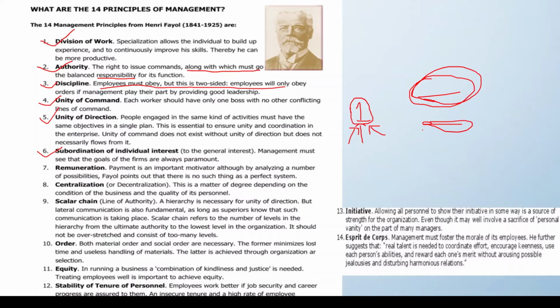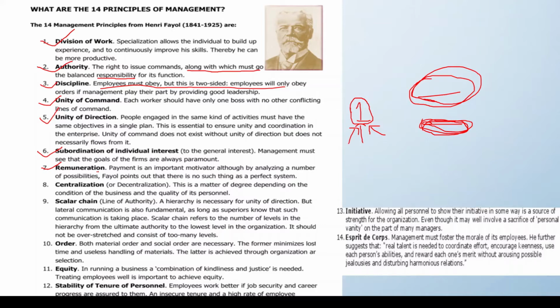Now, the remuneration. Payment is an important motivator, although by analyzing a number of possibilities, Fayol points out that there is no such thing as a perfect system. See, payment is always a controversy.